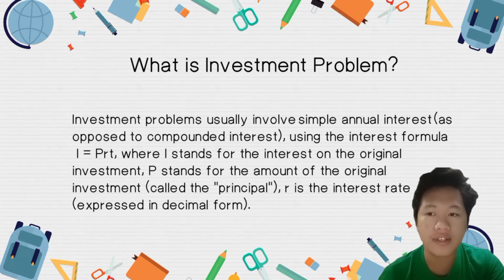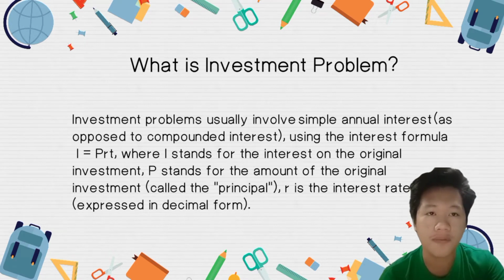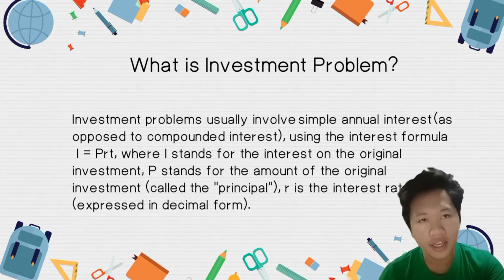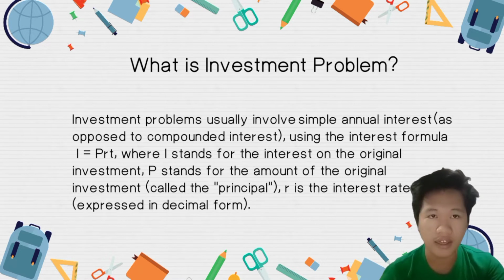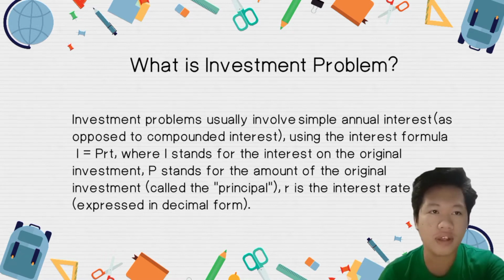In all cases of this problem, you will substitute all known information into the formula I equals PRT, and we have examples of investment problem that would be discussed by my other members. Thank you.